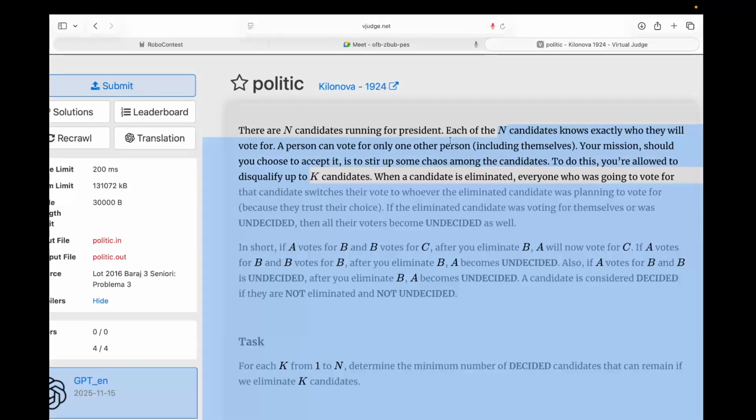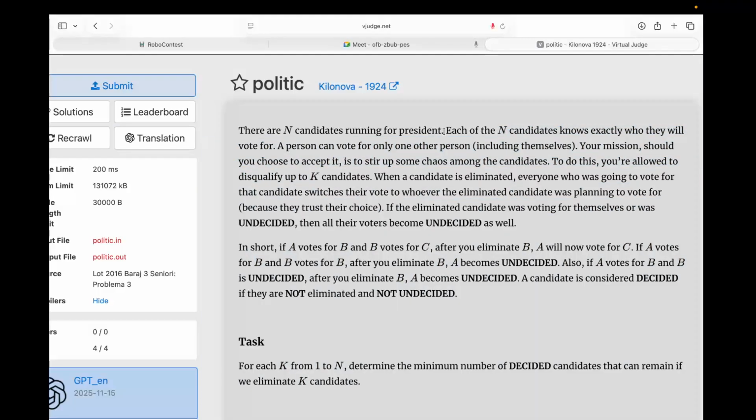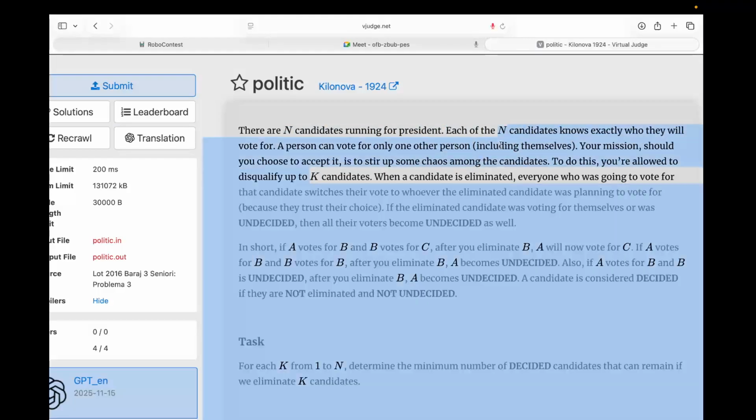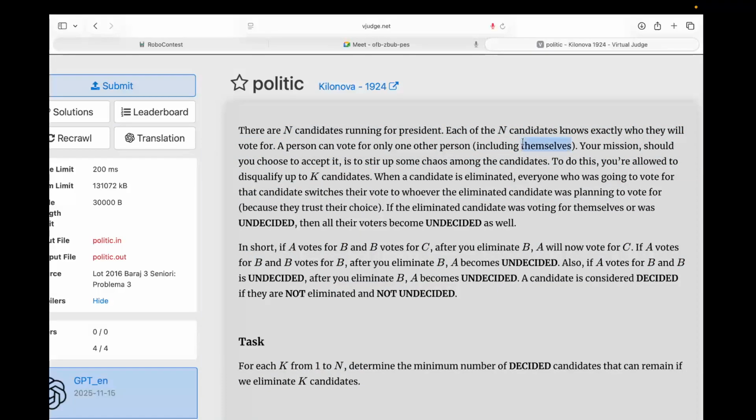Let's say for some value of k, we can eliminate up to k people and forbid them from belonging to the electoral process. When we do so, let's say that we eliminate person X. Then some things will happen, because obviously, if we do not allow any person to vote with X, then these people have to vote with someone else.